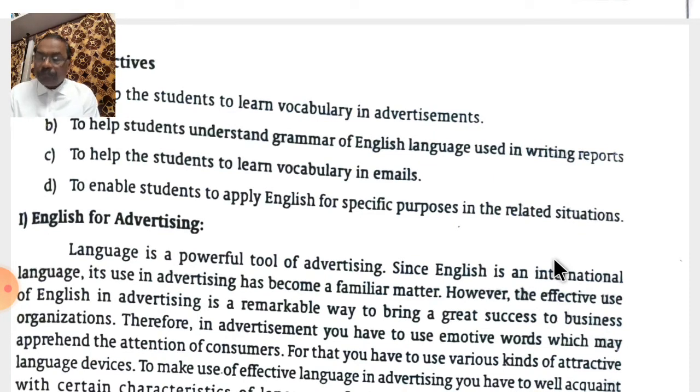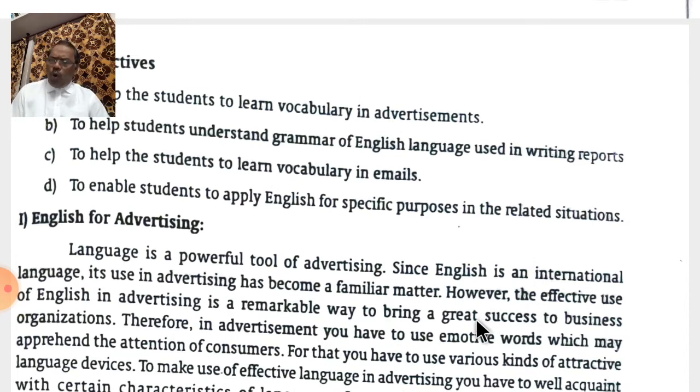Suppose you want to draft an advertisement, we have to use a different kind of language. Language is a means of communication, we know that. And language is a powerful tool or a way of advertising.